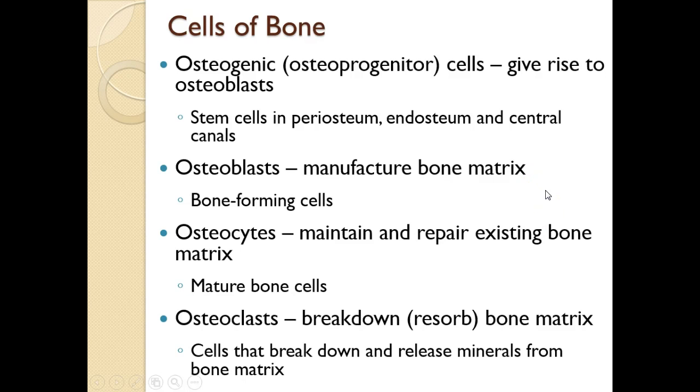So let's go back a step. Before there are osteoblasts, there are osteogenic cells. So osteogenic cells are the stem cells that actually give rise to osteoblasts. Have we talked any about stem cells?